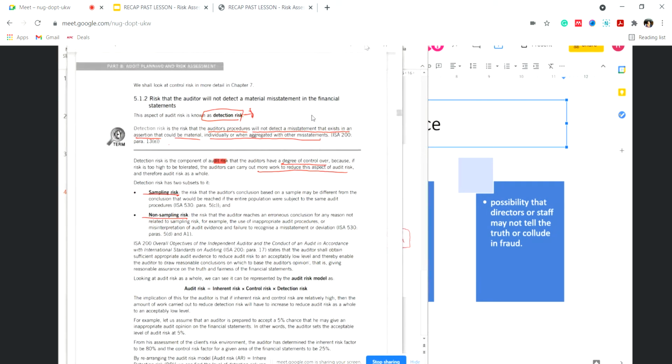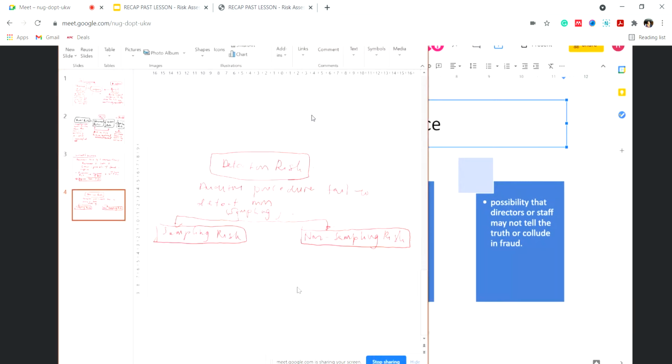It is the risk that the auditor's conclusion based on the sample may be different from the conclusion that would be reached if the entire population were subject to the same audit procedure. For example, from the sales invoices you may take 10% of the sample and reach a conclusion, but it is different from if you performed it on 100% of the population.